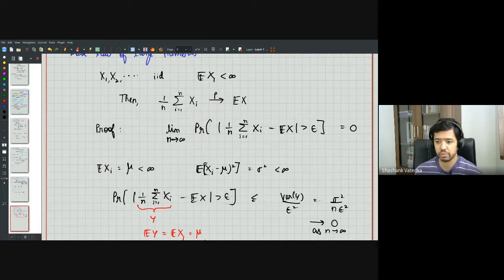But that requires completely different tools. All right. So any questions? Okay, so this is what we call the weak law of large numbers.